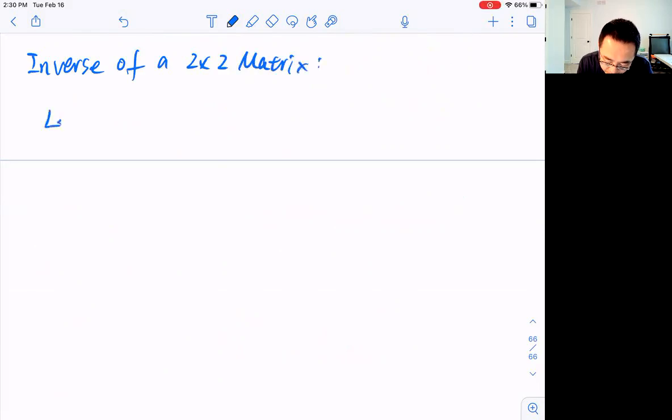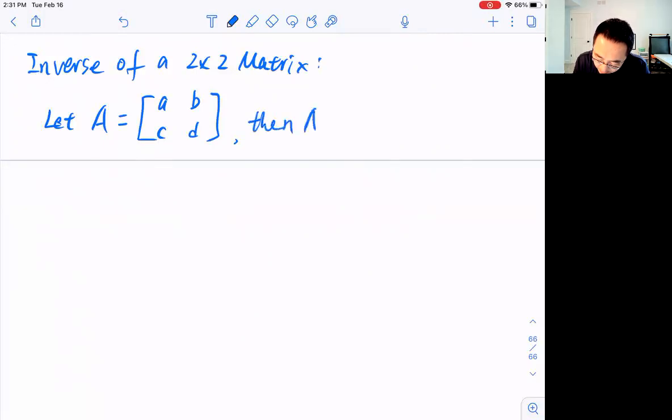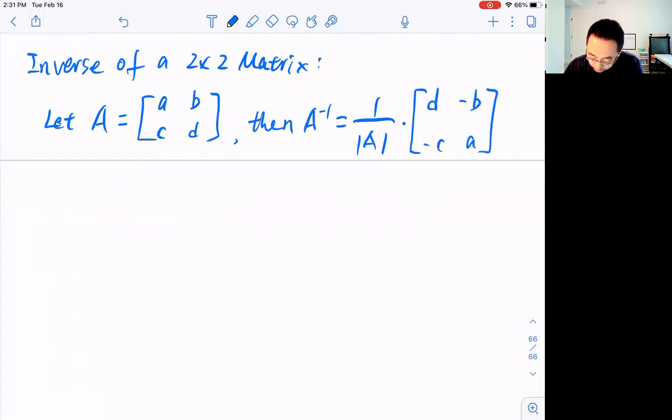let the matrix be A, B, C, and D. Then A inverse is going to be 1 divided by the determinant of A, times D, -B, -C, and A. So what we did was we switched the order from the original order.